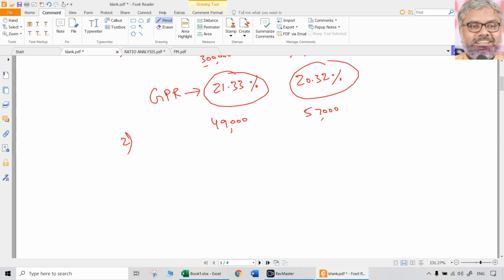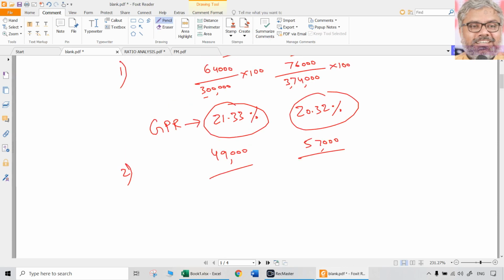Divided by sales, which we already know, 3 lakhs and 3 lakhs 74,000, multiplied with 100 because this is also expressed as a percentage. Again, the answer is 49 by 300 into 100, around 16.33%.